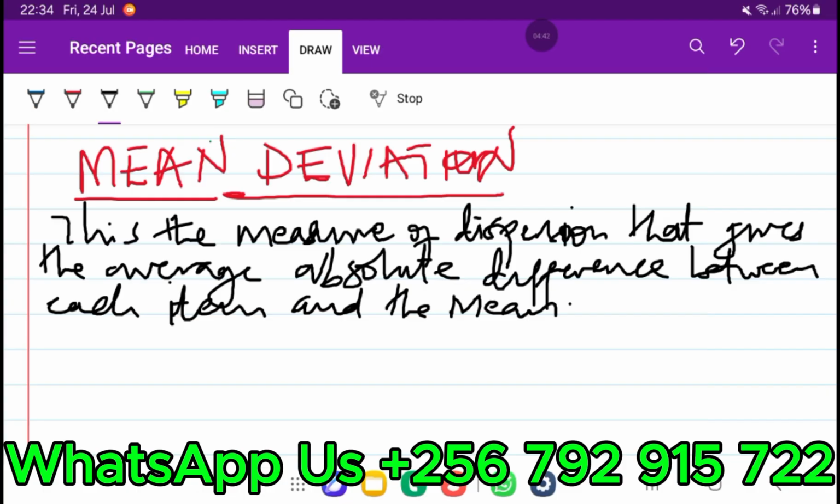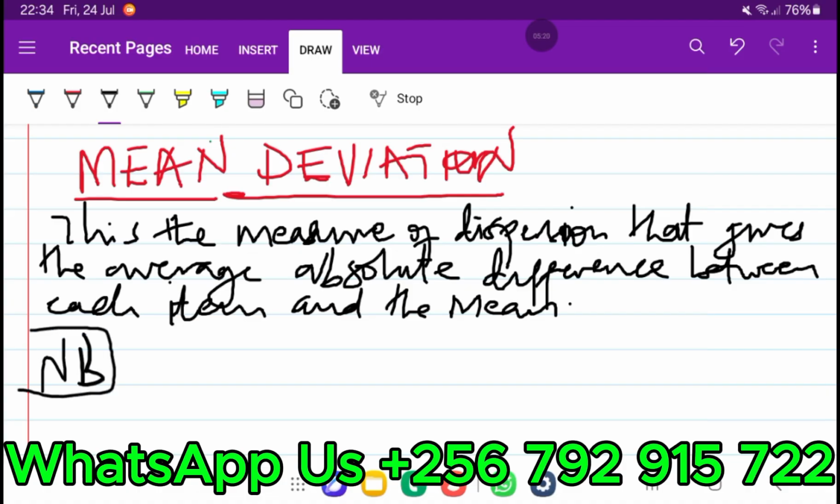The mean deviation is obtained using different formulas depending on whether you are dealing with an ungrouped data set or a grouped data set. I don't want us to make this much more theoretical, because it's supposed to be a computational thing.